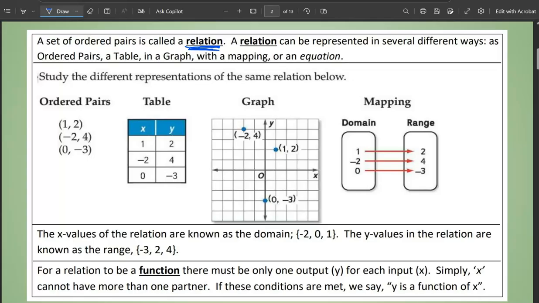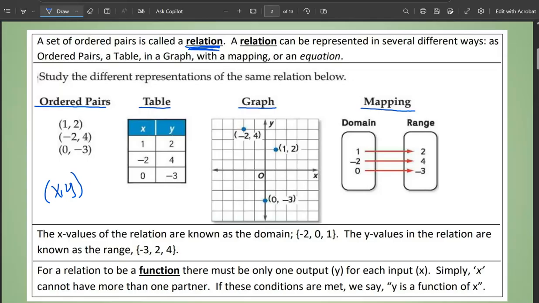And a relation can be represented in several different ways, such as an ordered pair, a table, a graph, or a mapping. And so all of these representations are including the exact same values. They're including the exact same x and y coordinate points.